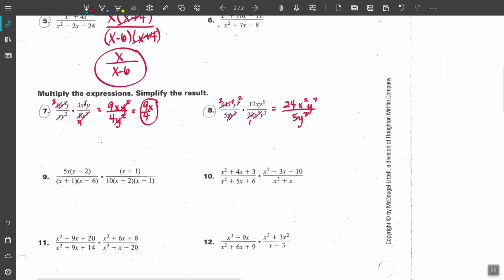My constants look good. There's no reduction there. I don't have an x squared or an x term in the bottom, so I'm done with that. My y's can still be canceled. And so if I divide those out, that would be y to the 7 minus 3, y to the 4th, and all of that is going to then be over 5.